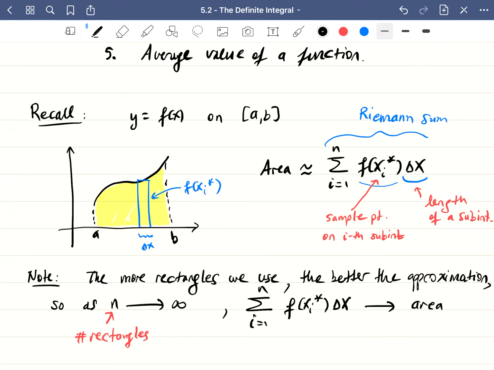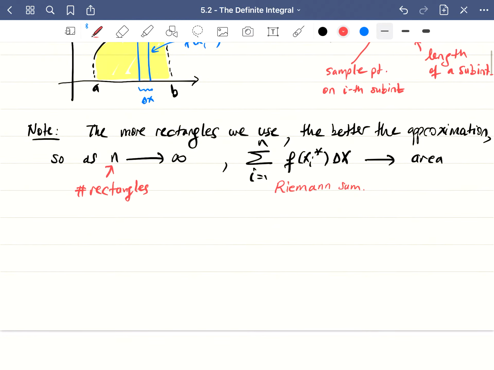Okay, this is the Riemann sum. Alright, so this is going to be the theme of this section. So basically this will give us the definition of the definite integral.